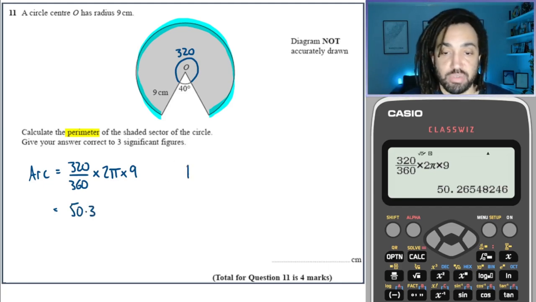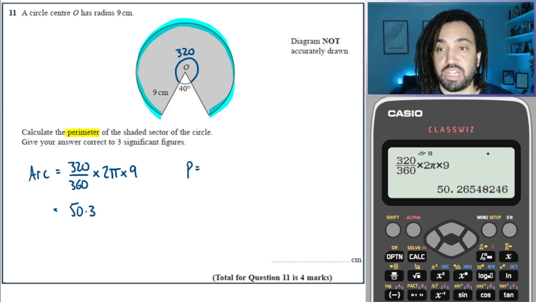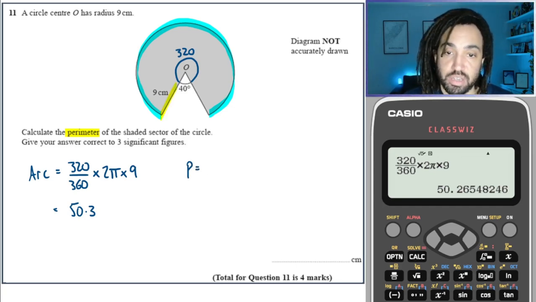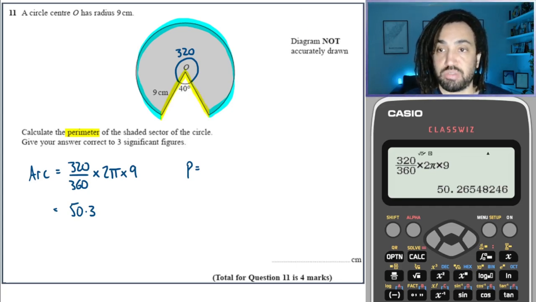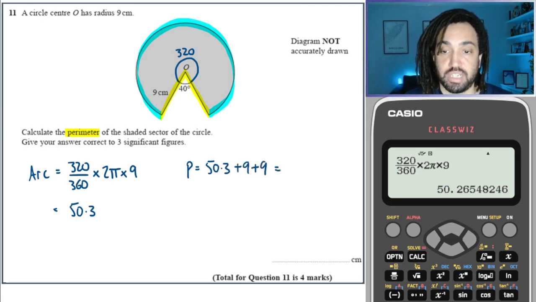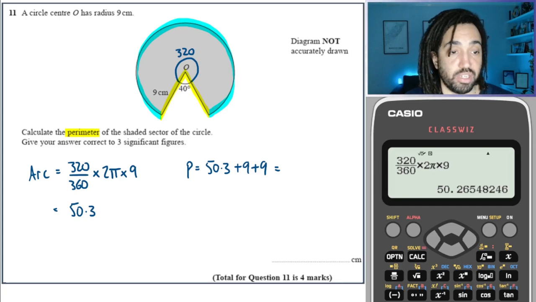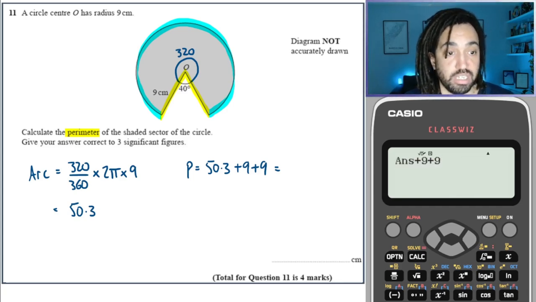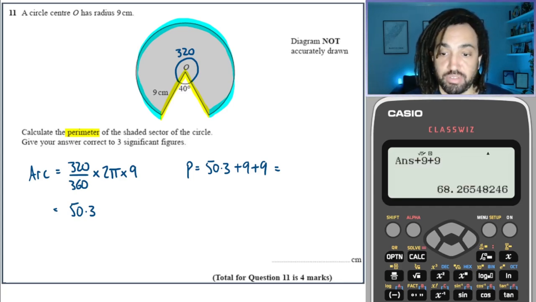And then once again, we're looking for the perimeter. So I'm going to have to also include this distance here, which is a radius, and this distance here, which is also a radius. So the perimeter is 50.3 plus a 9 plus another 9. So I just simply go plus 9 equals, and I get my final answer of 68.3. Bosh.